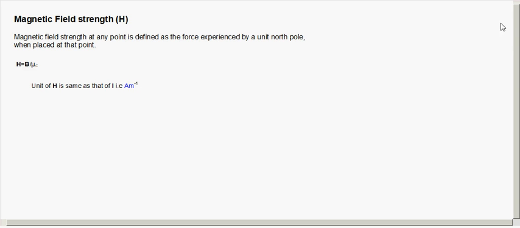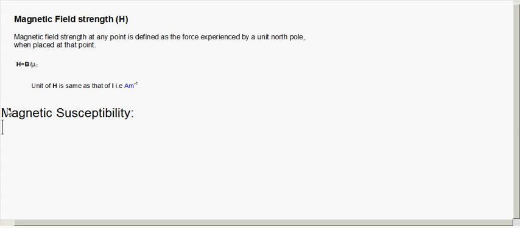Now next we have, I have not written it here, so I'll just write it now, that is magnetic susceptibility. How can we define magnetic susceptibility?